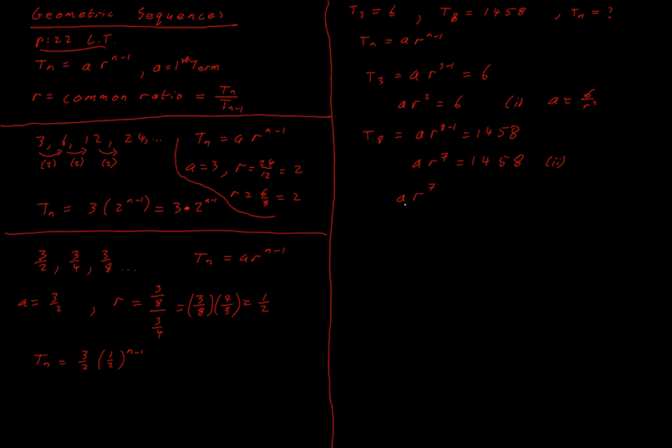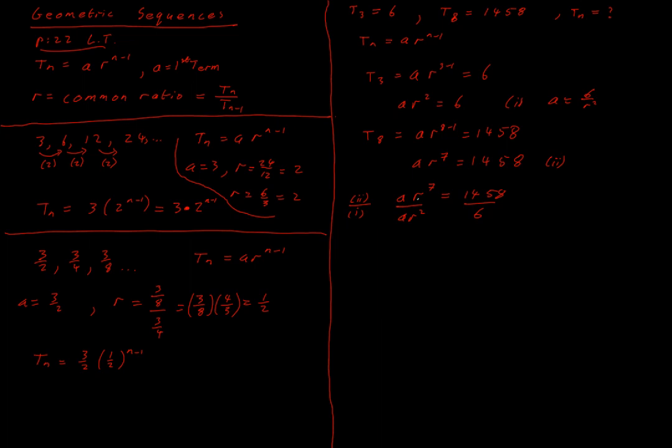So if I have equation 2 divided by equation 1, A r to the power of 7 over A r to the power of 2, 1458 over 6, and dividing one equation by the other, I can see that the A's cancel out. A to the power of 1 divided by A to the power of 1 is just 1.